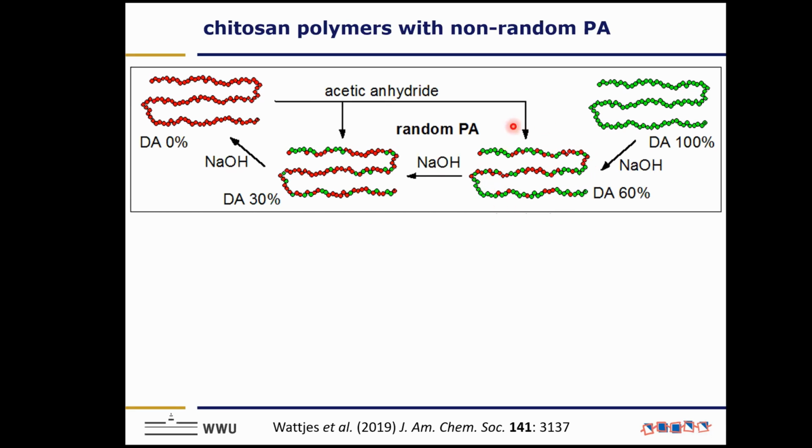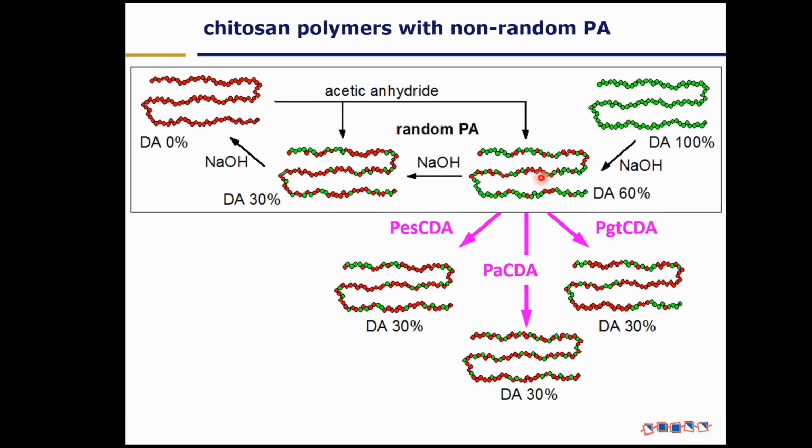And then this polymer, which has a random pattern of acetylation because it's produced chemically, can then be used as a substrate for chitin deacetylases. So when we do this using three different enzymes, three different recombinant fungal chitin deacetylases, we start with a fraction of acetylation of 0.6, and we use these enzymes until they come to the end of their activity.